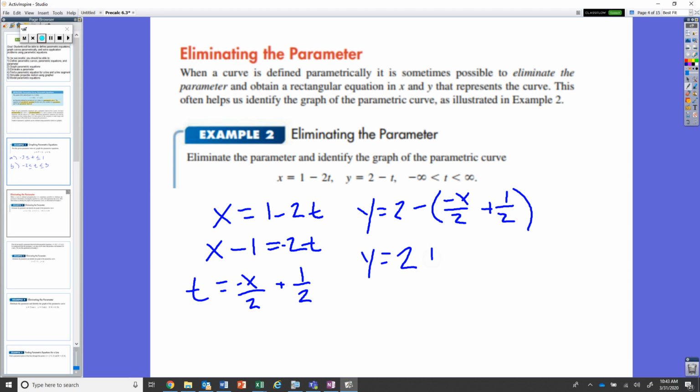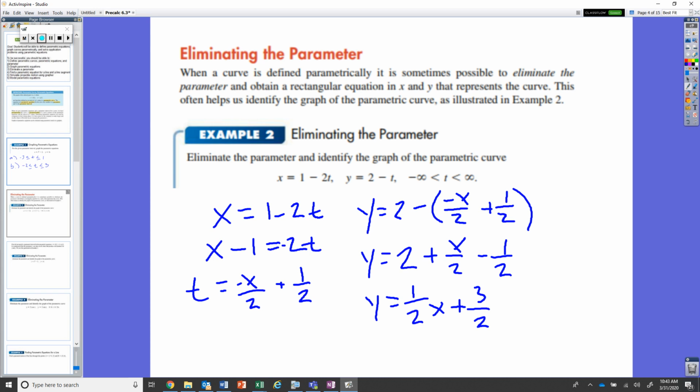So we have 2 plus x over 2 and then minus 1/2. So we get y equals, and I'm going to put this into slope-intercept form, 1/2 x, and then the 2 minus the 1/2 will be 3/2. So that is our new function, and that is the graph of our eliminated parameter.